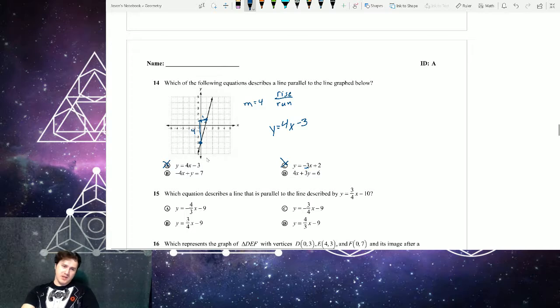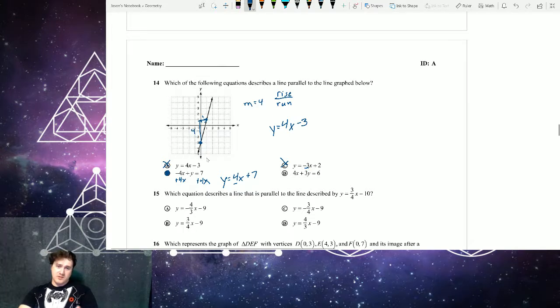Let's look at B. We have to add 4x to both sides. And that gives us y equals 4x plus 7. So, slope's 4, y-intercept's different from -3, so that one works out. You just have to make sure that the y-intercept's different if the slope's the same.